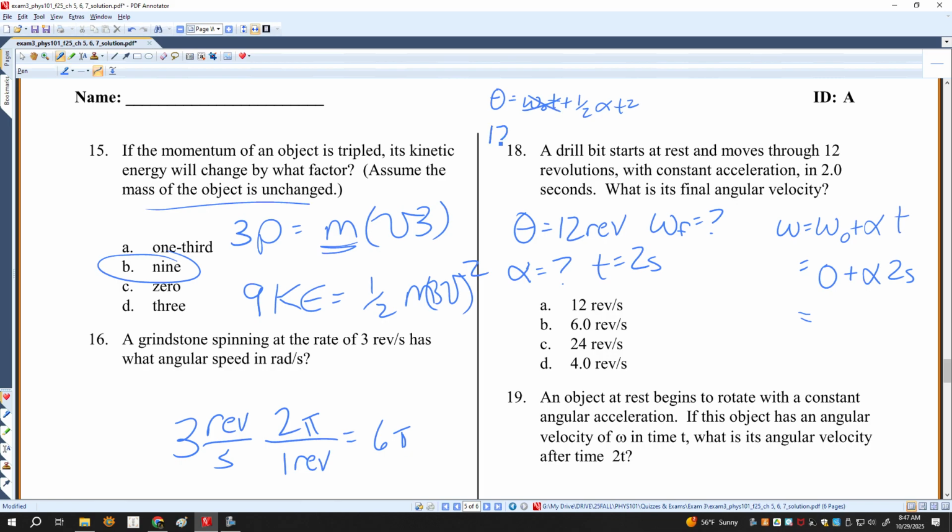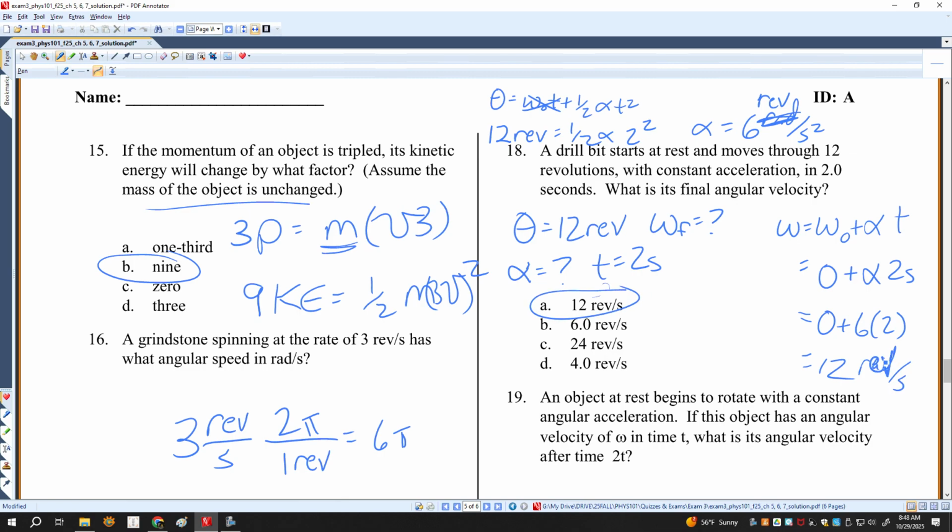So 12 revolutions equals 1/2 of alpha times 2 squared. So alpha is equal to 6. Did I do that right? 12 divided by 2. Yeah, 6. Oh, this is not radians, actually. This is revolutions per second squared. But it doesn't matter because the units are all consistent. So I get 0 plus 6 times 2. That's equal to 12 revolutions per second.